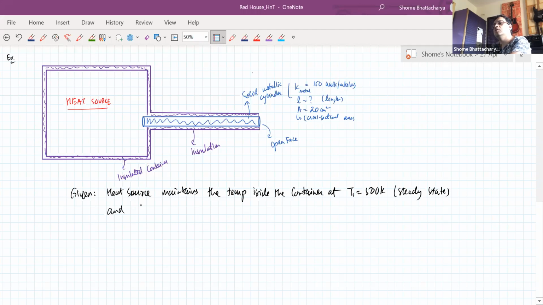And as a result, the open face of the metallic cylinder is at T2 equal to 400 Kelvin at steady state.